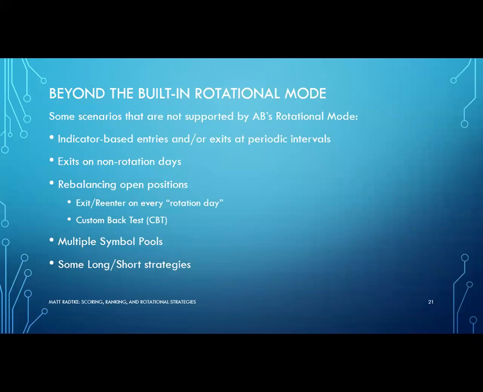Should I work for a while longer and try to force AmiBroker to do what I want in rotational mode because it already does most of what I want? If I could just make it do this one more thing, I'd be golden. You can do that, but you might end up spending 30 minutes or 3 hours only to find yourself at a dead end and have to take another route anyway.